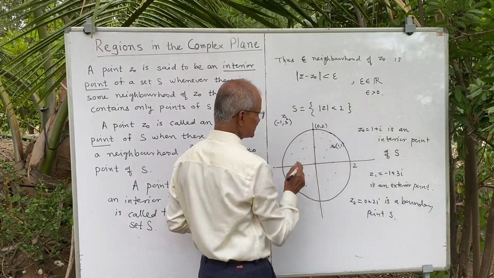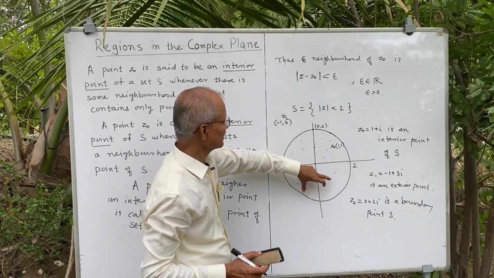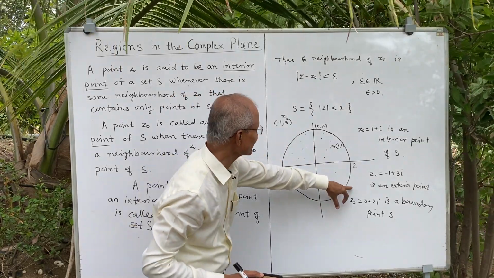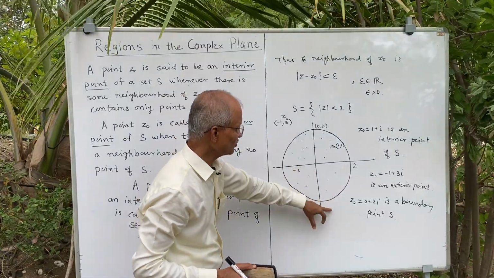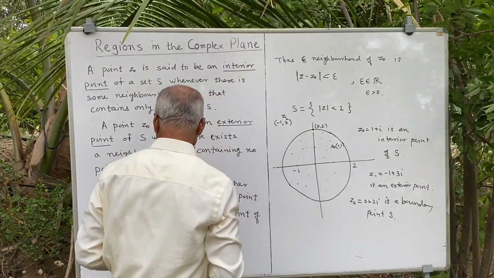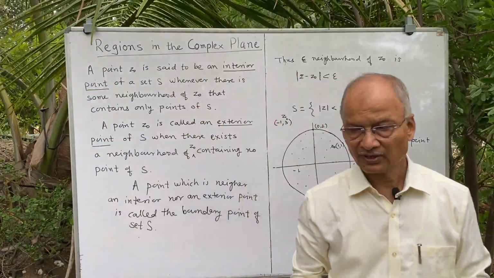So all those points are interior points of S, and Z0 is an interior point. Z1 is an exterior point, and Z2 is a boundary point of this set S. So this is the meaning of interior, exterior and boundary point of set S.